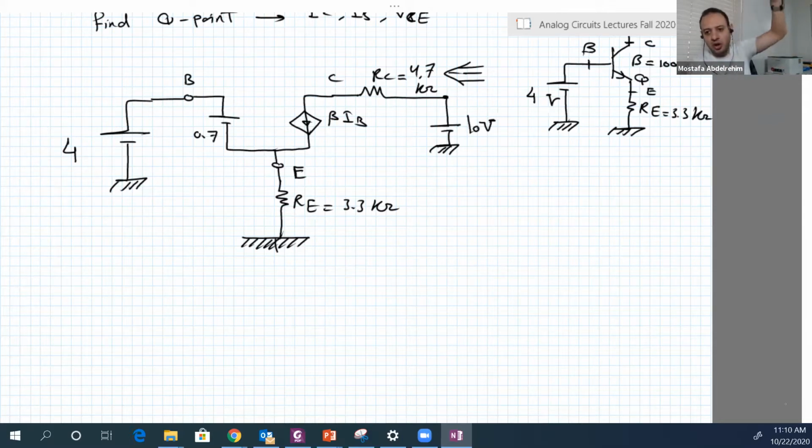Then we go to another region. It's even harder than the diode. The diode is either on or off: if it's not on, it will be off. Here, if it's not active, it will be saturation; if it's not saturation, it will be cutoff. So we have an extra step.